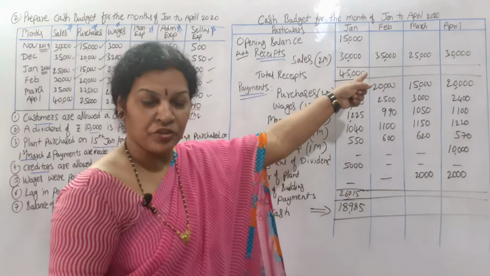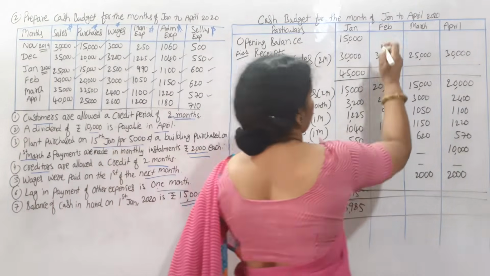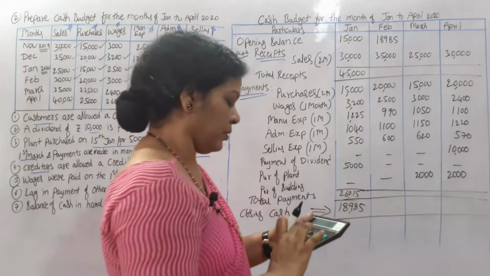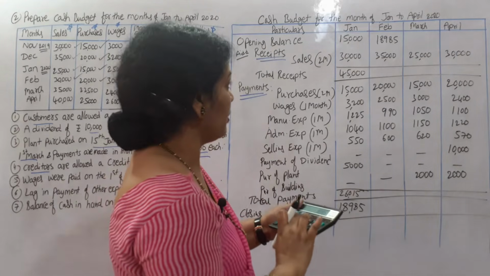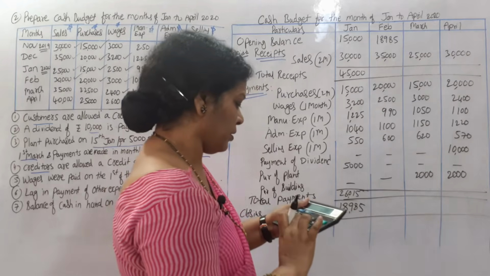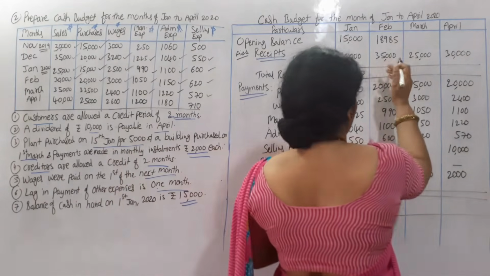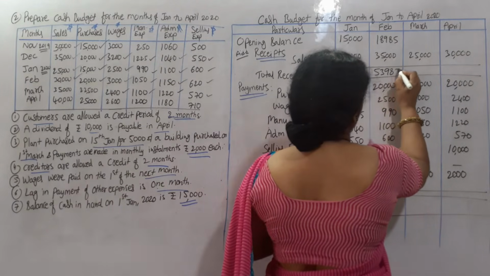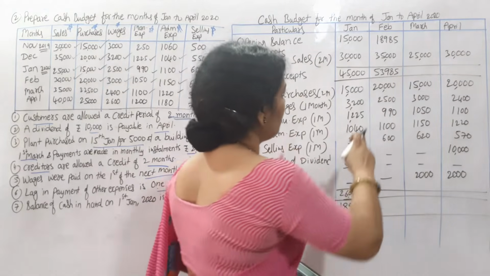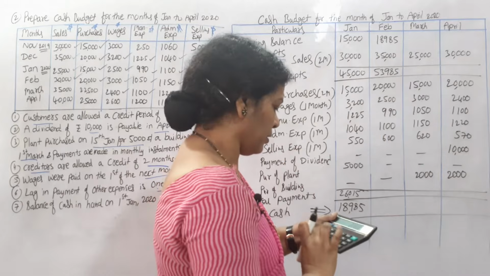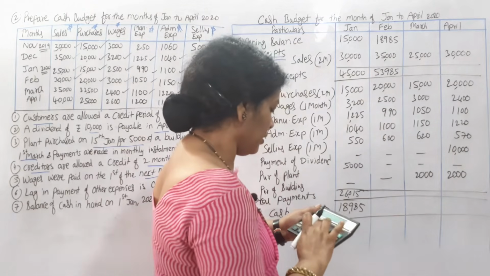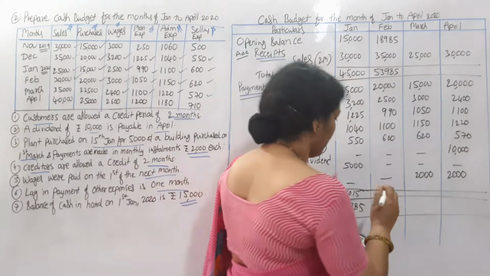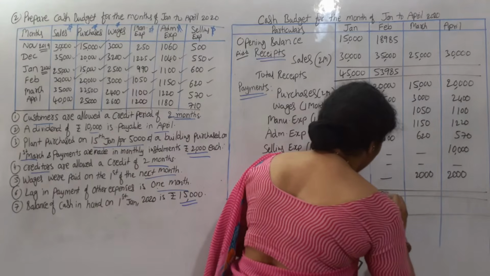That will be the opening cash of the next month. So 18,985. Plus 35,000, it is 53,985, this total. And payment side total 22,500 plus 990 plus 1,700, 25,190.